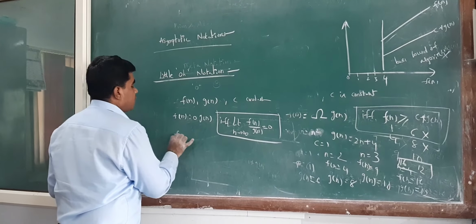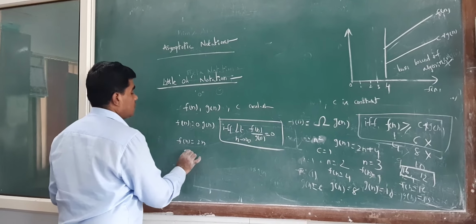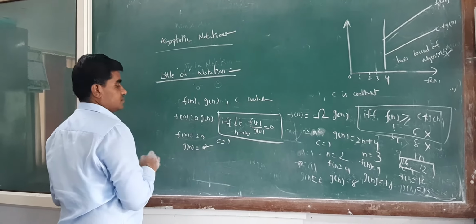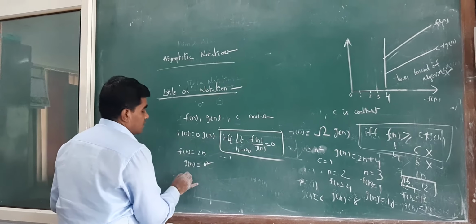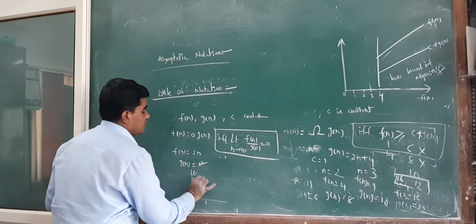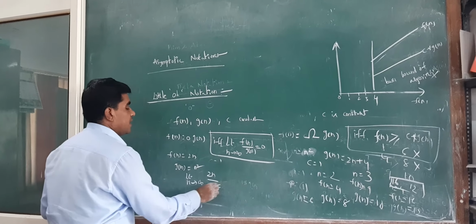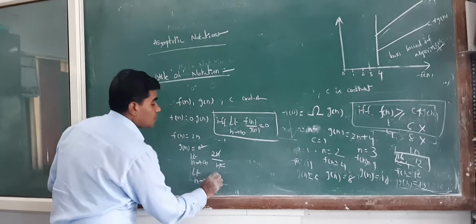For example, f of n equal to 2n, g of n equal to n square, c equal to 1. Then limit n tends to infinity, f of n by g of n is 2n by n square. So n cancels, and we get limit n tends to infinity, 2 by n.